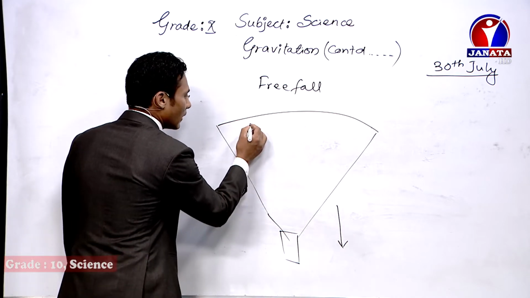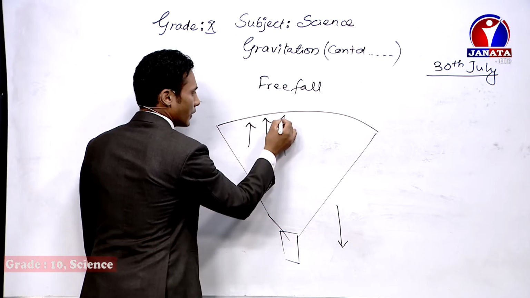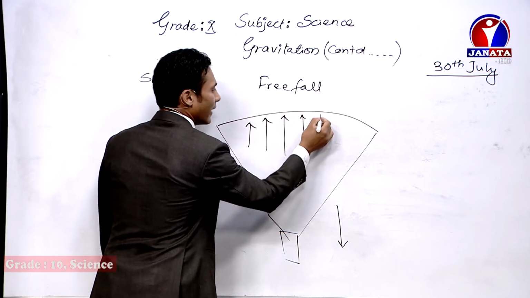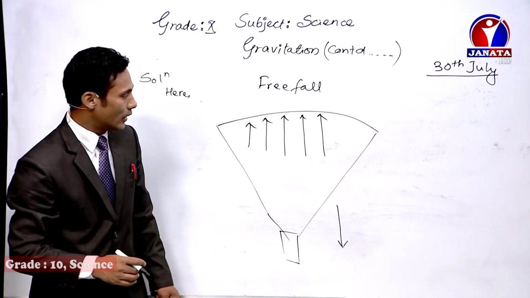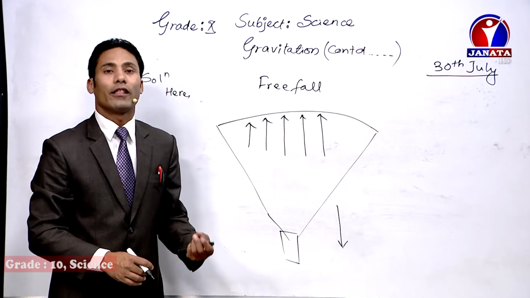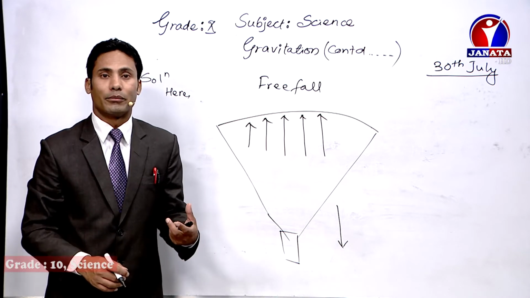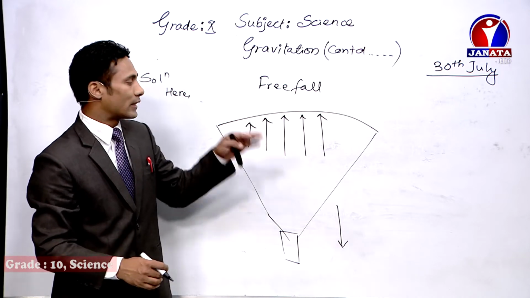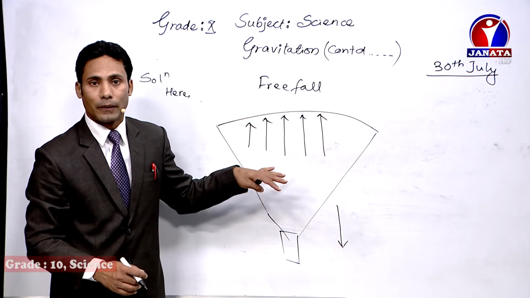That's why the air resistance acts on this parachute, right? And due to this air resistance on the parachute, the velocity remains constant. And when the velocity is constant, in that condition, the acceleration remains 0. So the safe landing is possible by using this parachute, right?